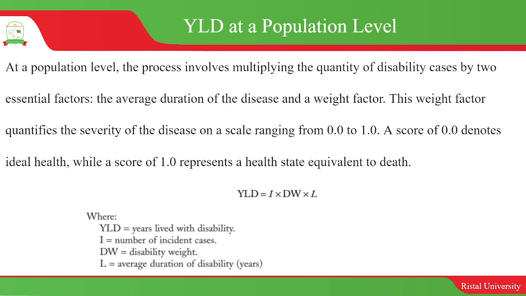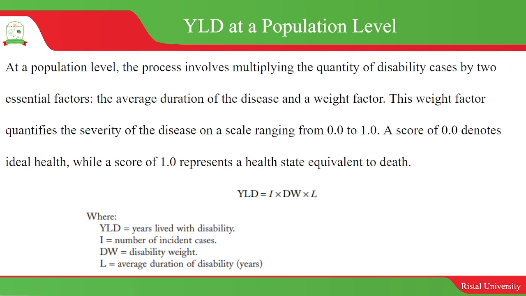Here, at a population level, you get the number of people who have that particular disability, and then you multiply it with the weight factor and then the duration.